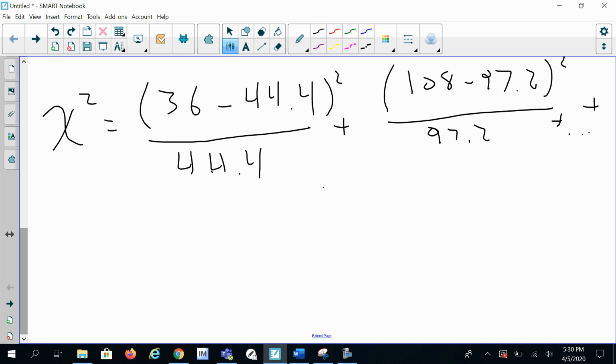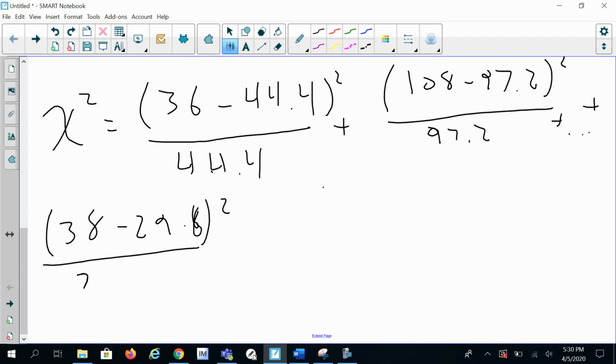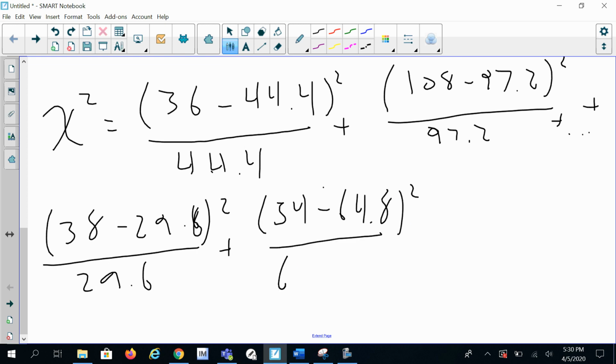I will write the last row just so you can see all the expecteds, but I'm not going to write the next 2 in that one. So the next row starts with 38. The expected was 29.6. So 38 minus 29.6 squared divided by 29.6, plus 54 minus the expected, 64.8, squared divided by 64.8.